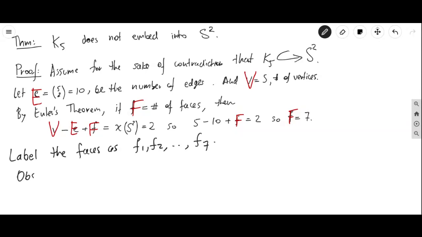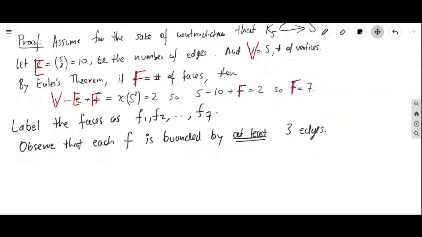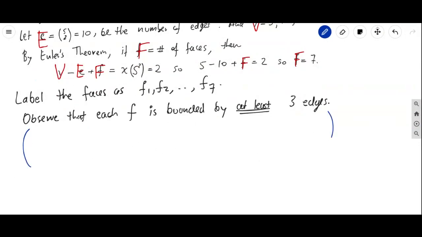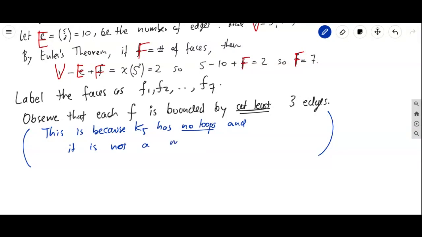And observe that each face is bounded by at least 3 edges. So why is this? This is because K5 has no loops and it is not a multigraph.